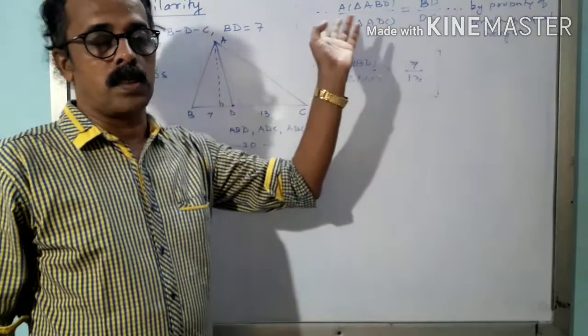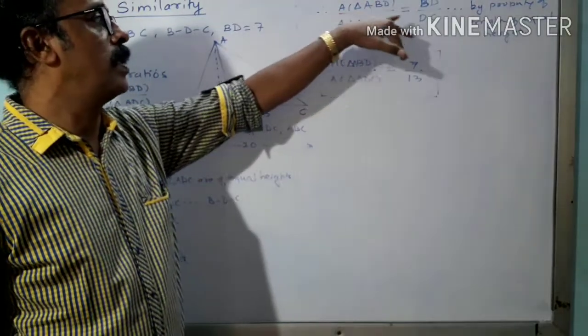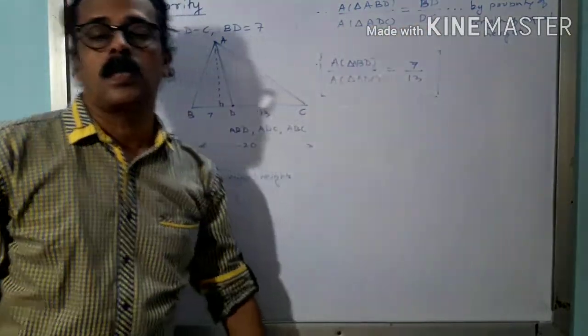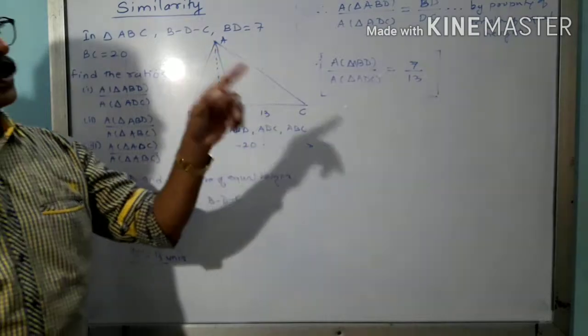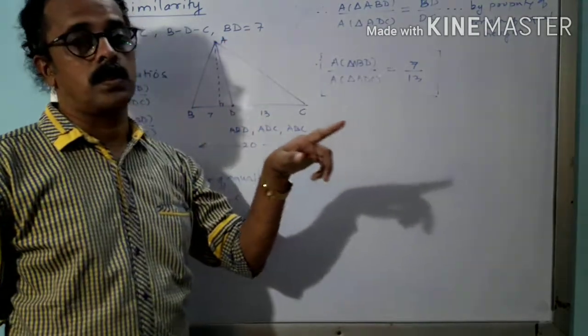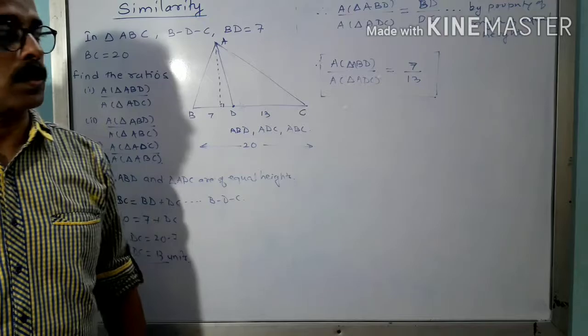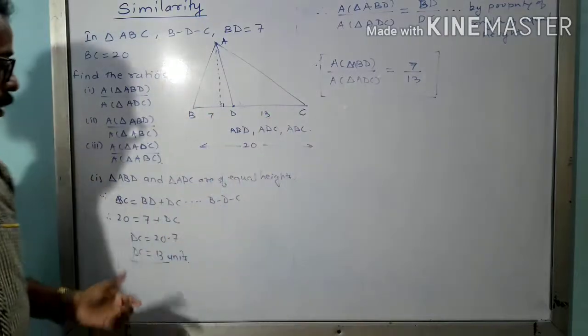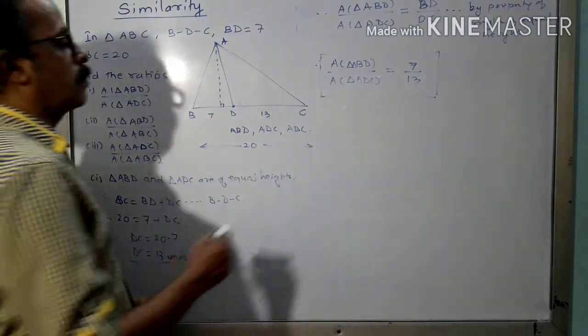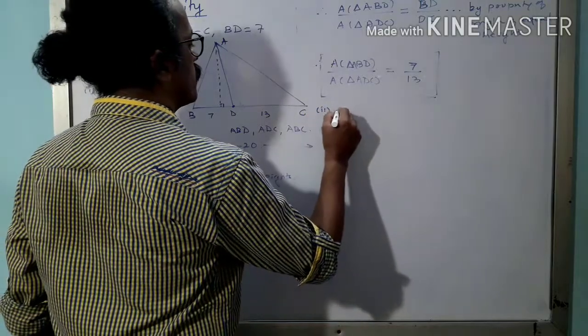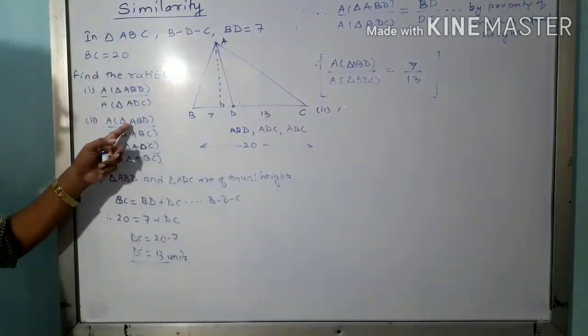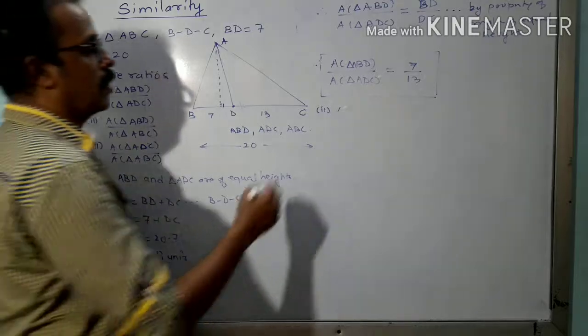Then I wrote the equation, that is area of triangle ABD upon ADC is equal to BD upon DC, by the ratio of areas of triangles of equal heights being equal to the ratio of their corresponding bases. Then we substitute the values. Now for the second point, which triangles are there? Triangle ABD and triangle ABC. Again, what am I going to write?